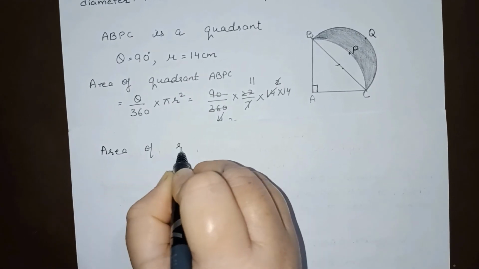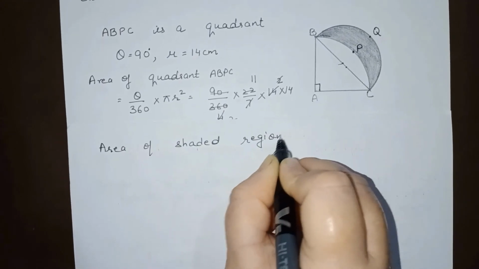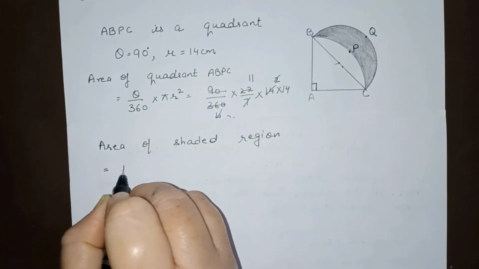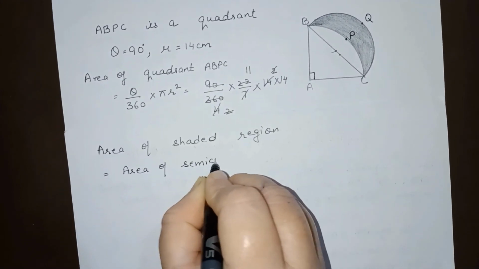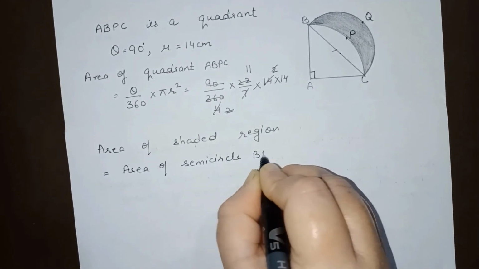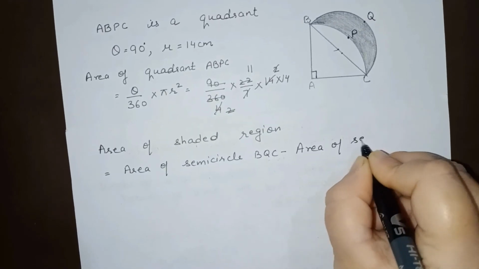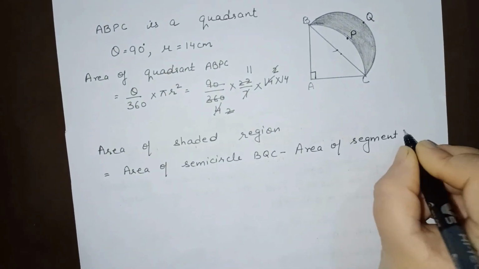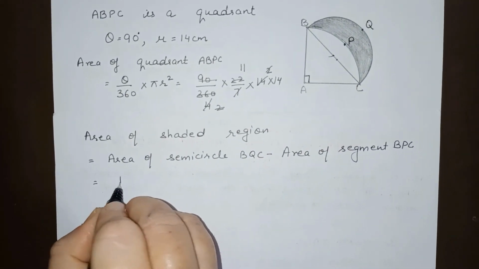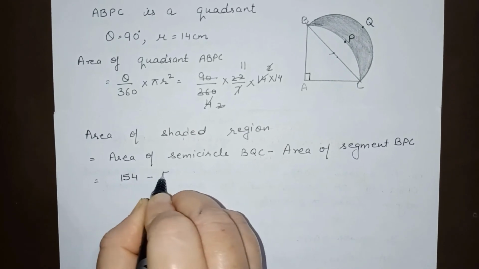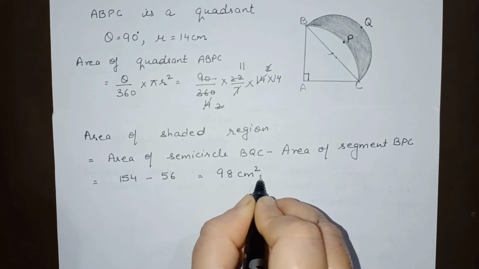Area of shaded region is equal to area of semicircle BQC minus area of segment BPC. This is 154 minus 56. So 98 centimeters square will be the answer.